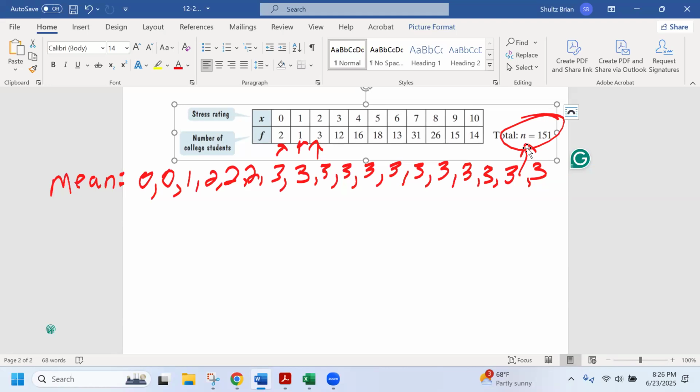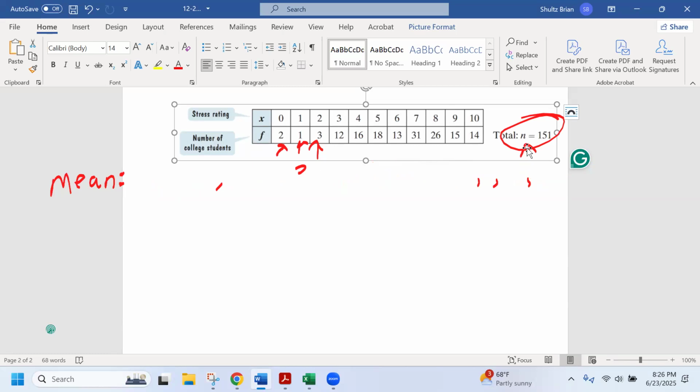Okay. So I am going to do this a little bit differently. When I am talking about finding the mean of this, I'm going to do it kind of like my expected value deal.